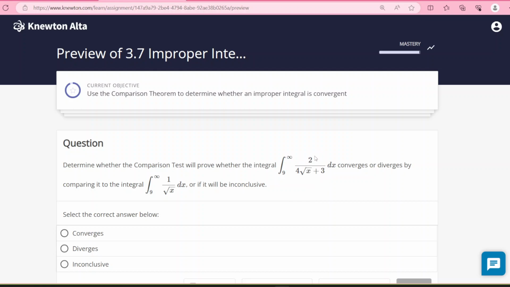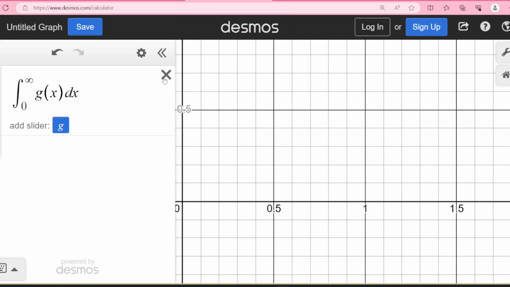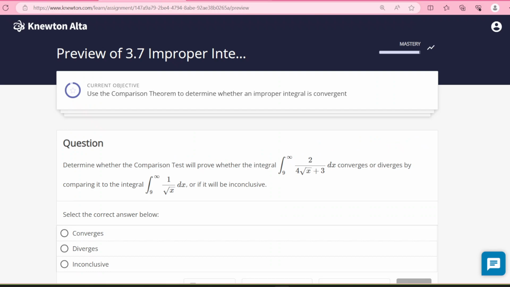again, we get this integral compared to this integral. This function, 2 over 4 times the square root of x plus 3, will be smaller than 1 over the square root of x. Let me just show that to you, and I'll put those two functions up. We're looking on the interval from 9 to infinity, right?